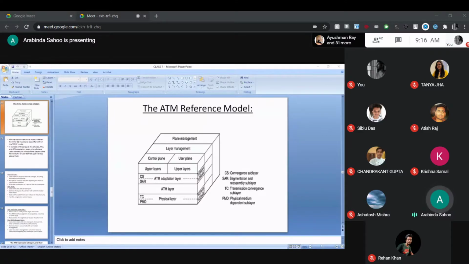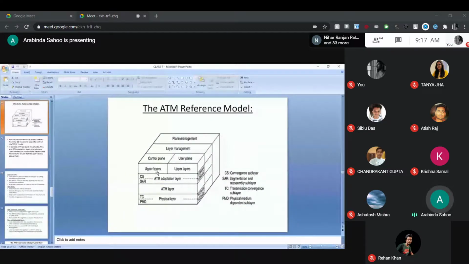The three primary layers are fixed for the reference model, and only the user layer is different, which is defined based on user functionality or user application.